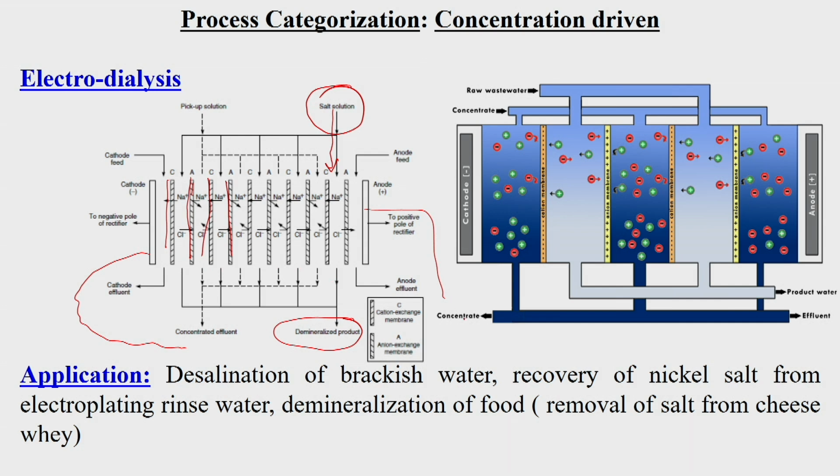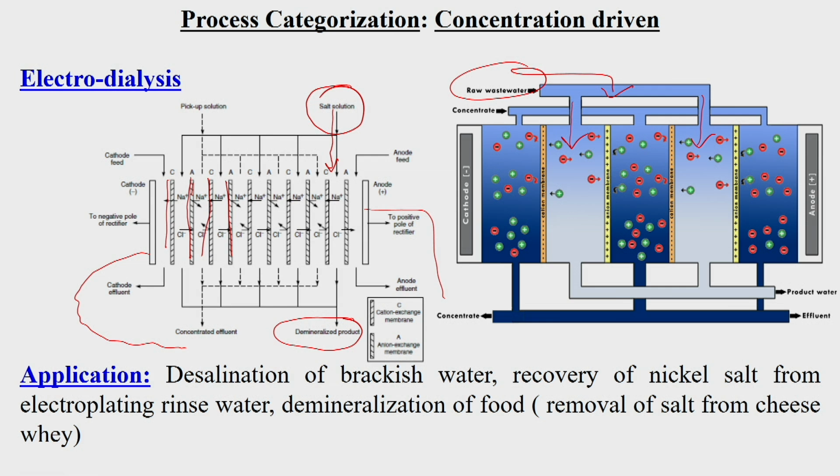Here also the same thing is shown. Suppose raw wastewater is fed from the top with this distributor, coming into alternate chambers, and the cathode and anodes are connected with this DC power supply.